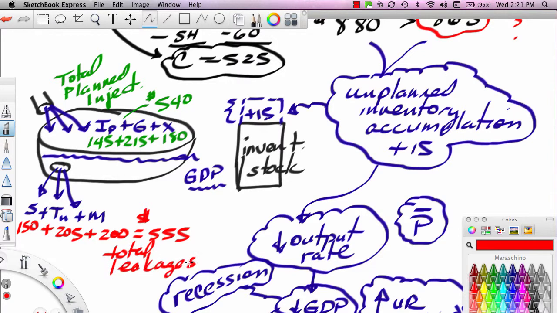The point is, the total leakages exceed the total injections by $15. The total leakages from the spending stream are greater by $15 than the total injections back into the spending stream. So spending is weak. How weak is it?